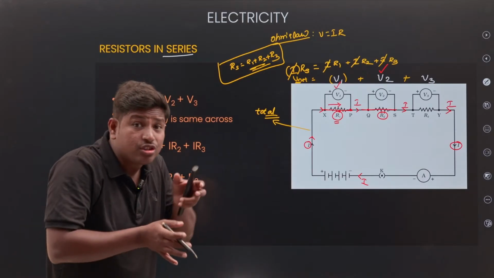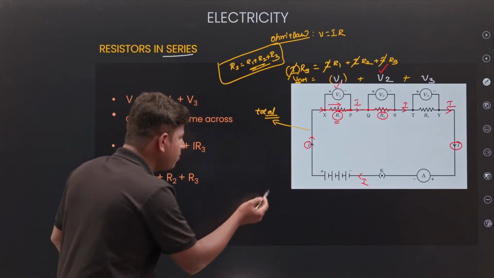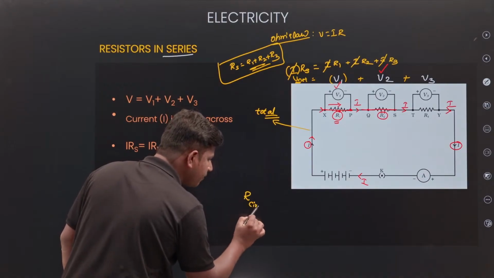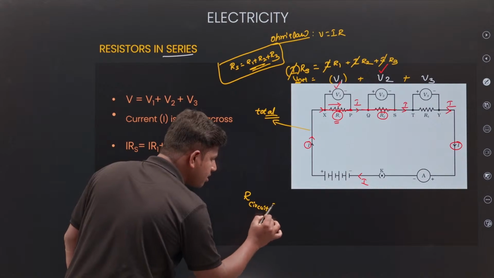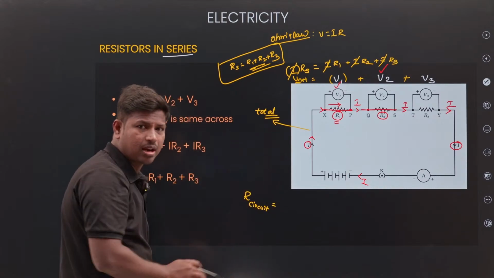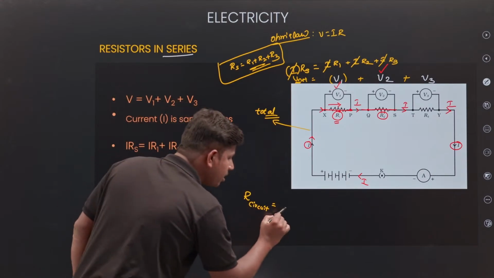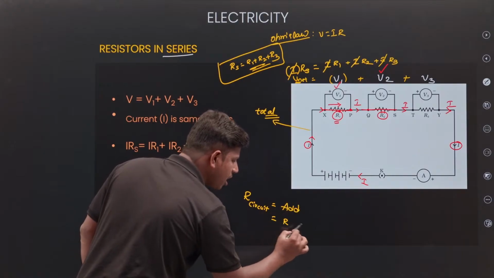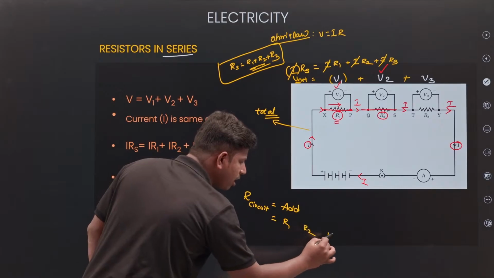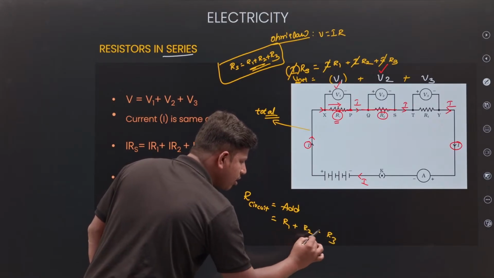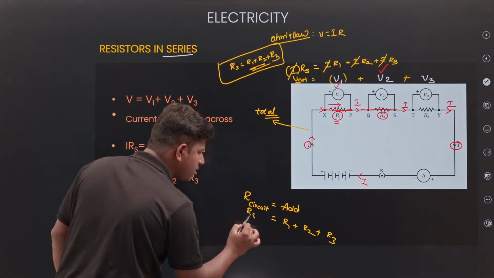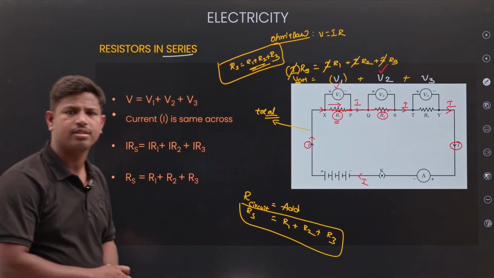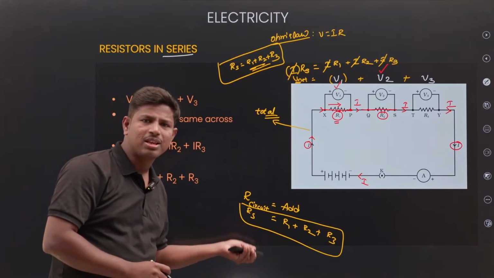If you want to get the total resistance of the circuit, check whether it is series or parallel. If it is series, add all. How many resistors are there? 3: R1, R2, R3. So add R1 plus R2 plus R3. That is the equivalent resistance in series. RS is equal to R1 plus R2 plus R3.